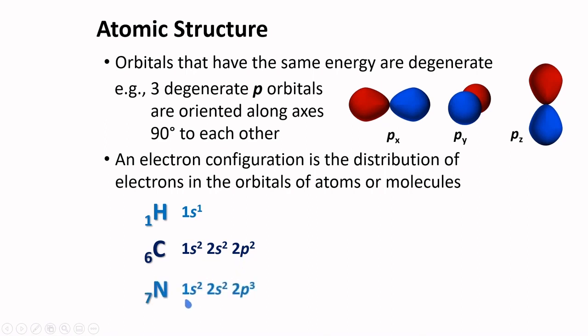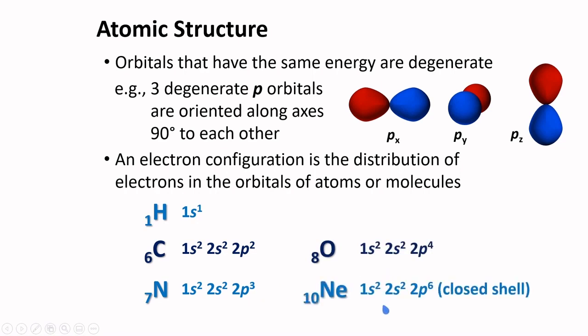Nitrogen has an electron configuration of 1s2, 2s2, 2p3 for its 7 electrons. Oxygen has this electron configuration, and neon has a closed shell configuration wherein its p orbitals are fully filled.